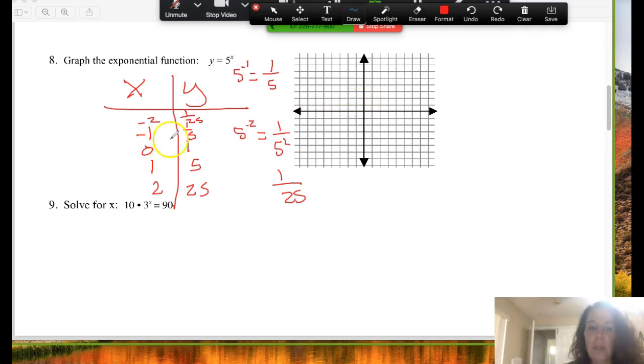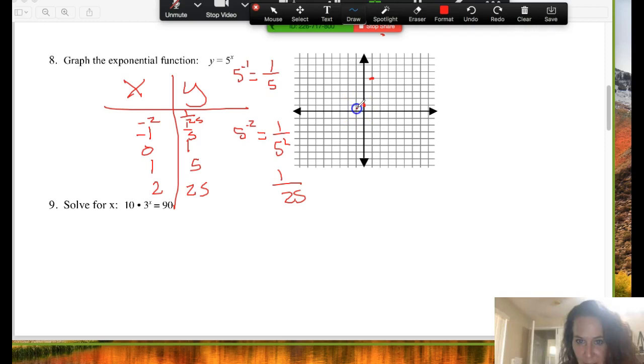Let's graph it. Plug in 0, 1. So there's my point, 0, 1, I'd have for any basic exponential graph. Plug in 1, 5. You go over 1, up 1, 2, 3, 4, 5. Now I'm going to plug in 2, 25. I'm going to go over 2, and I'm going to be way up here. So it goes up really fast. Now do negative 1. I go negative 1, and I'm only going up 1/5.